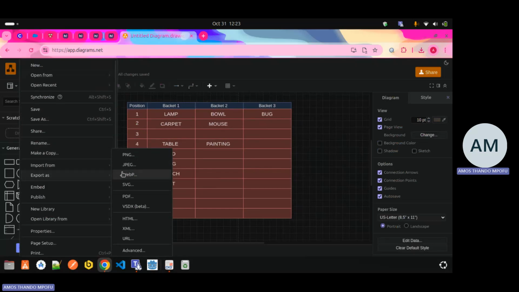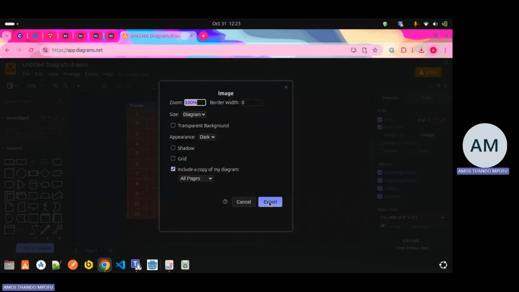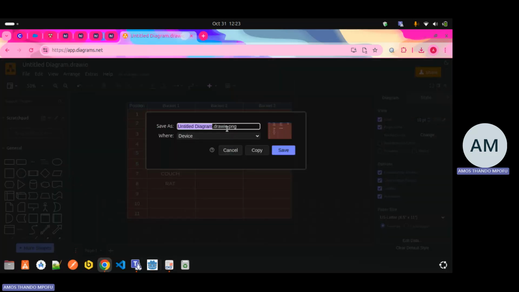And then I'm gonna export it as PNG, export, and then give it a name. So question for bucket addressing.